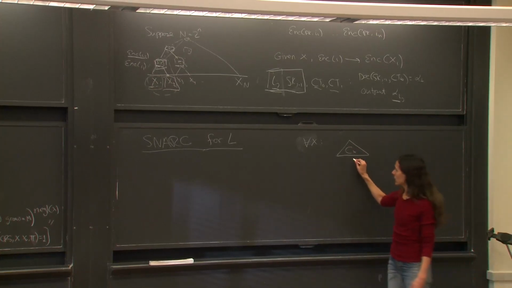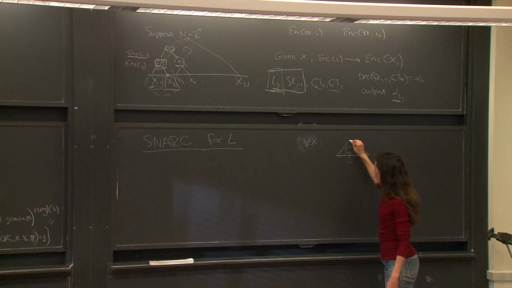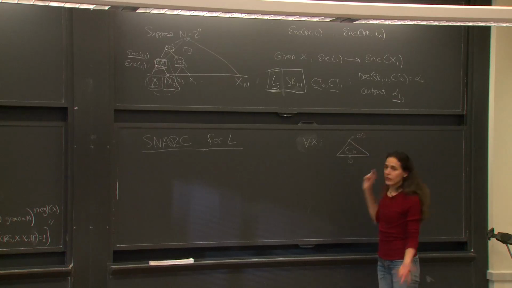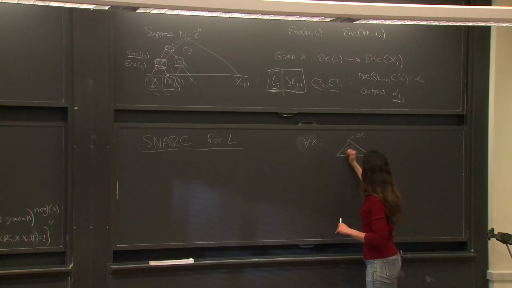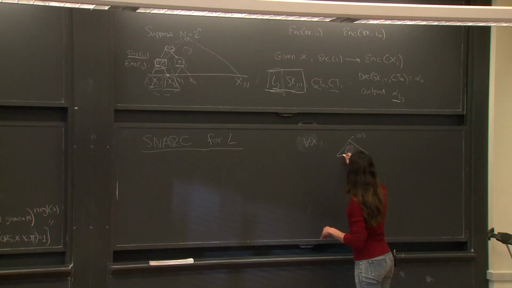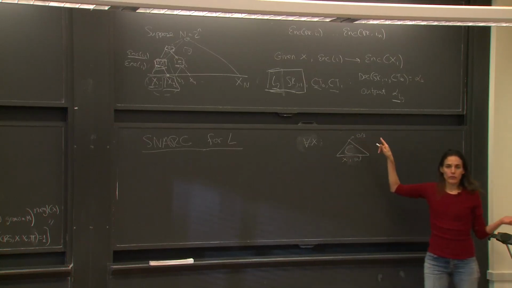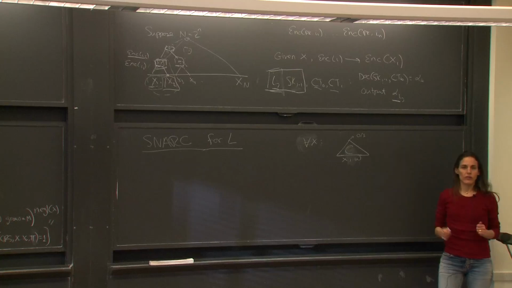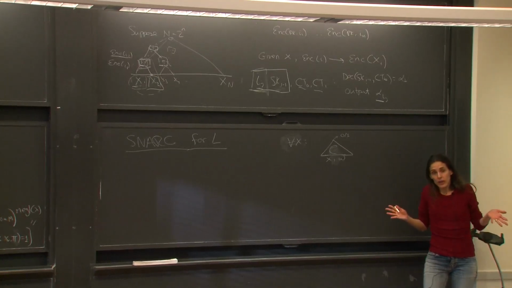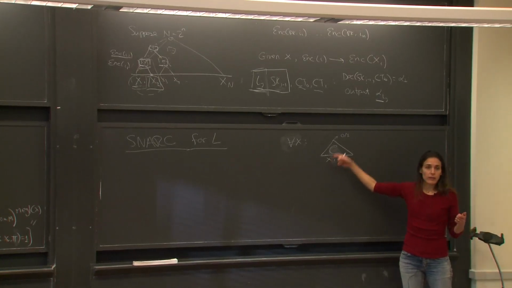C sub X takes a witness and outputs 0 or 1, like a verification circuit. You can also think of C as taking X and a witness, and outputting 0 if it's not a valid witness and 1 if it's a valid witness. If it's a deterministic computation, there's no witness: just take X and output 0 or 1.